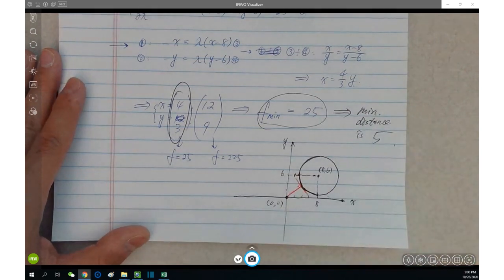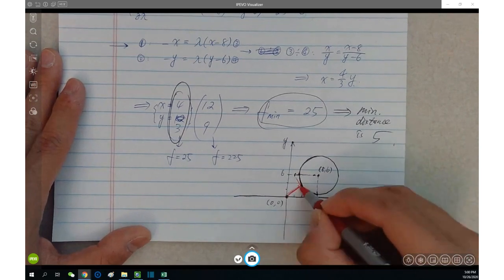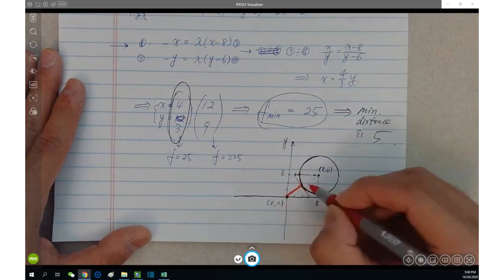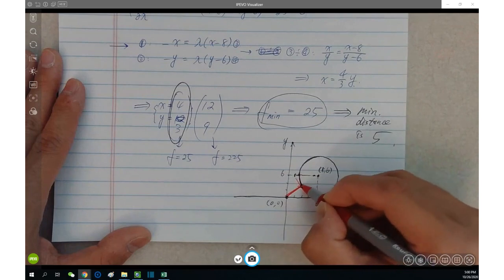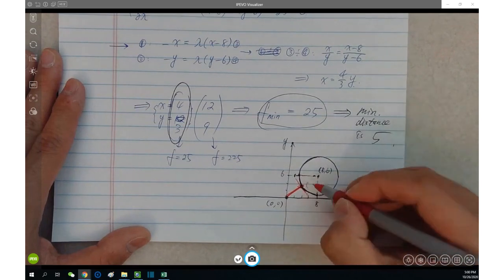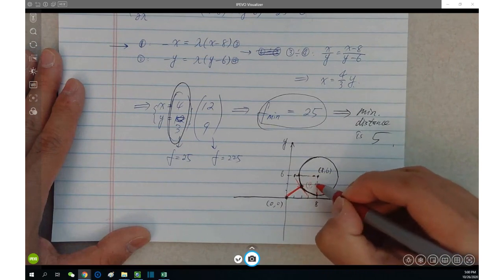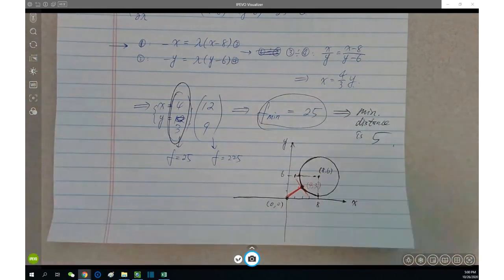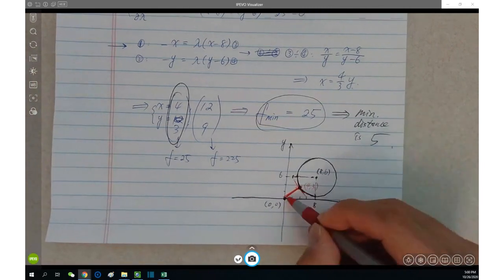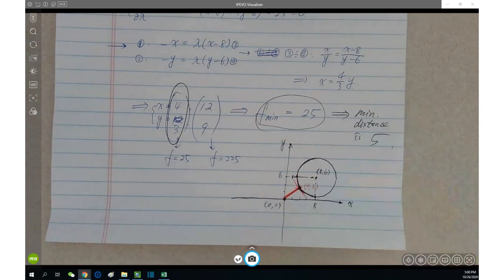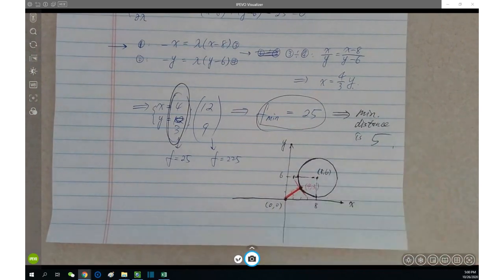So this is the distance you're looking for. And the coordinates of this point making this minimum distance happen is 4, 3. The length of this red line is 5. Does it make some sense?